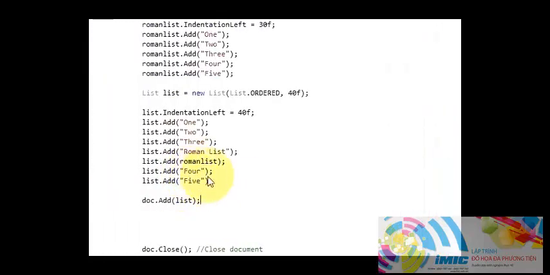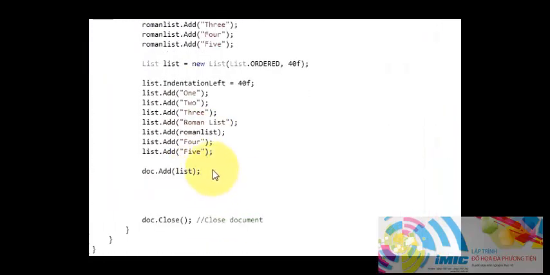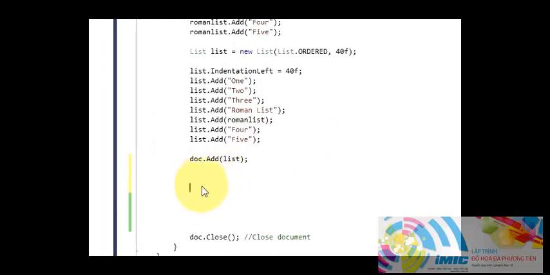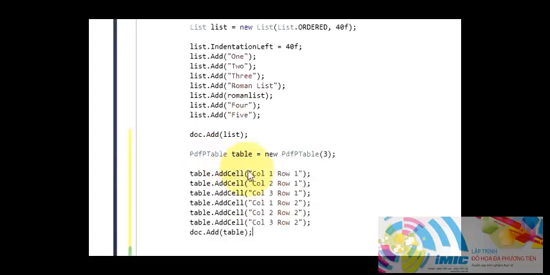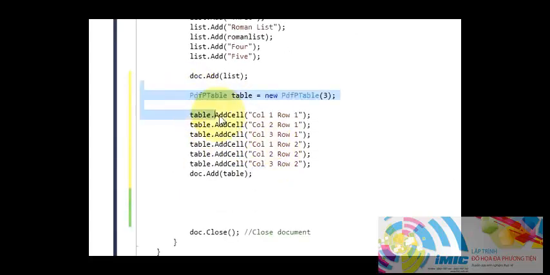So what I will do is go below the list code, and here I will add the code for the table. Okay, so write this much code to add a simple table.